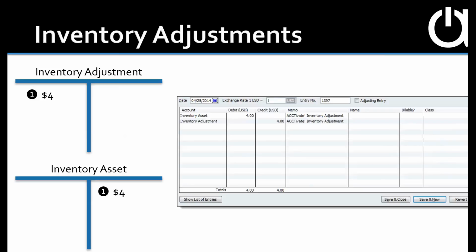But the problem is that I've now locked in that quantity of 200 forever and ever on that day. So if I go back in time and I say, oh, I forgot to do a receipt, that's why it was out, and I go back and I do that receipt for the 100, it's actually going to adjust the adjustment. It's going to leave that quantity that I've typed in there, the 200.